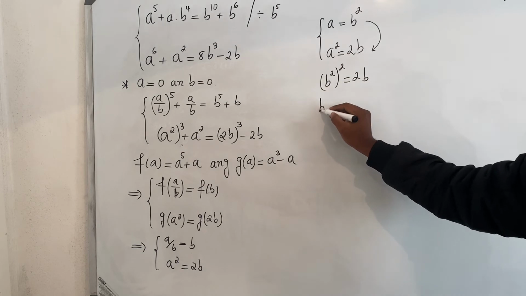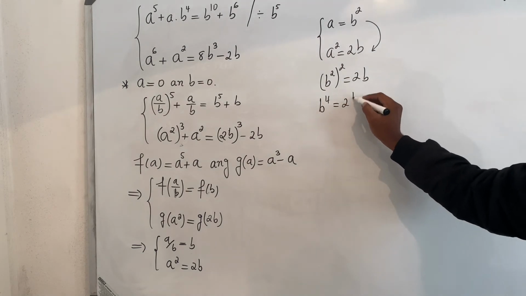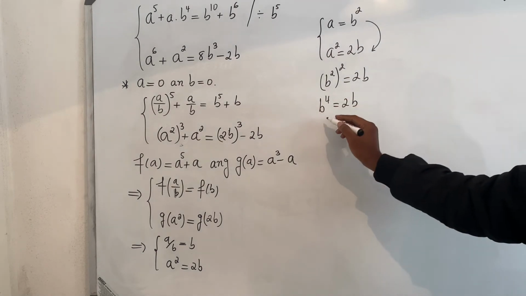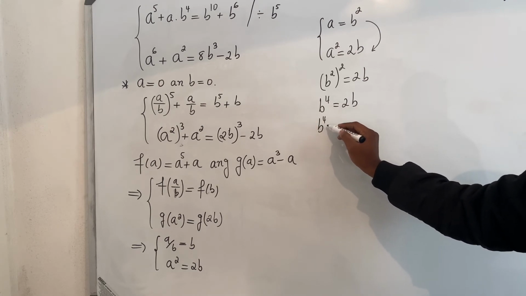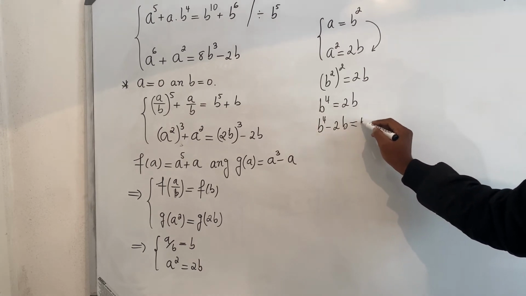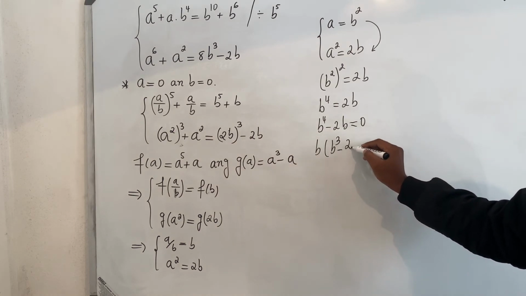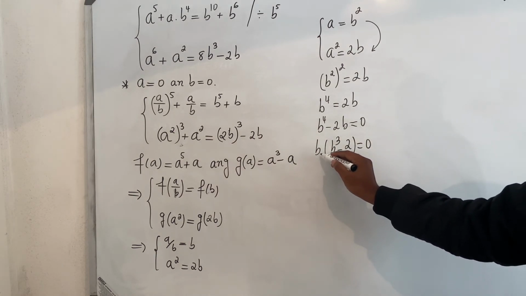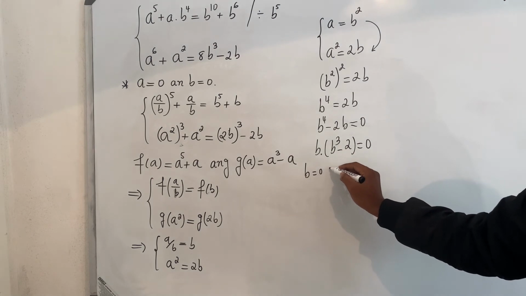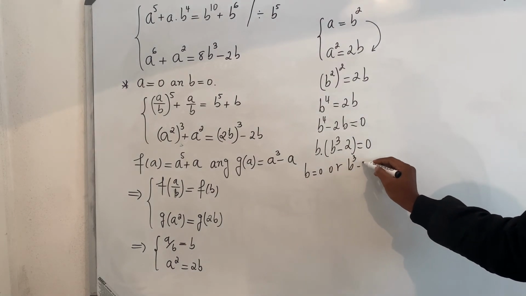So we have b to the power 4 equal to 2b, which gives b to the fourth minus 2b equal to 0. Factorizing b, I have b times b cubed minus 2 equal to 0. So b is equal to 0 or b cubed minus 2 is equal to 0.